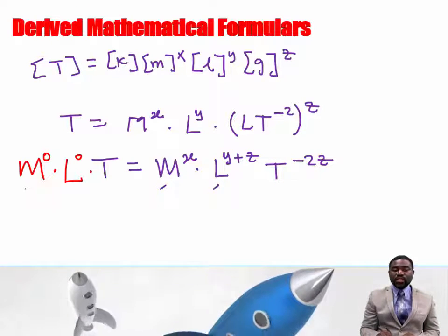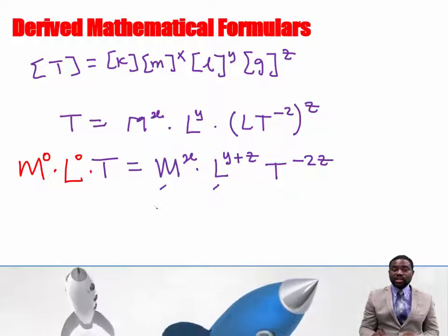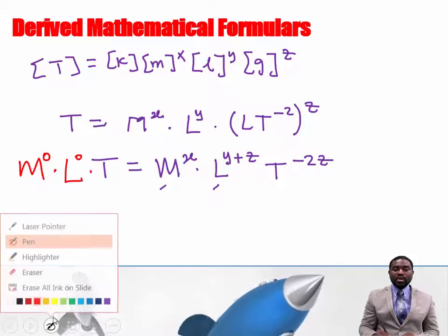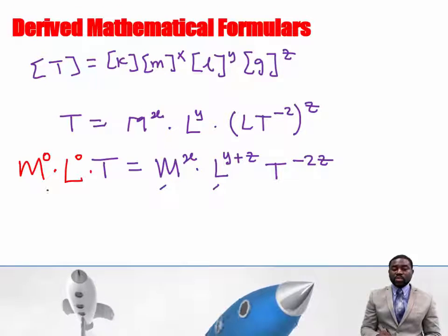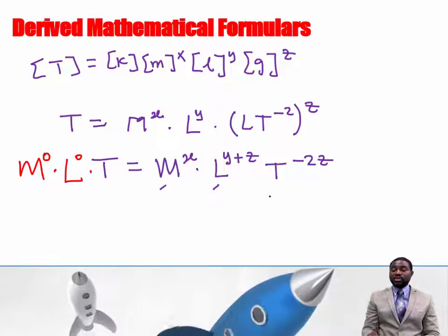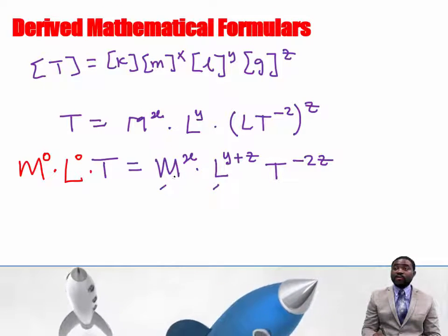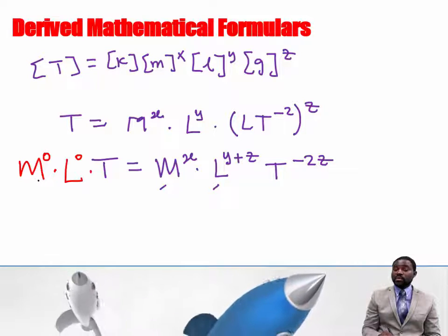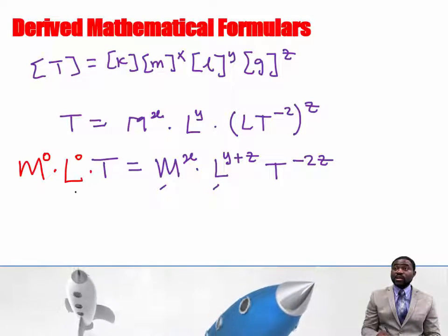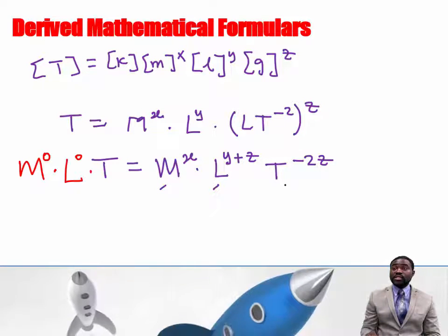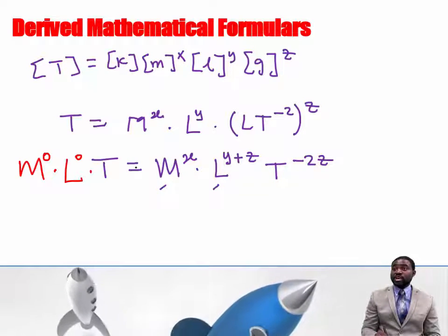Now, for this equation to be dimensionally correct, it means that the power of M must be equal, the power of L must be equal, and the power of T must be the same, right?